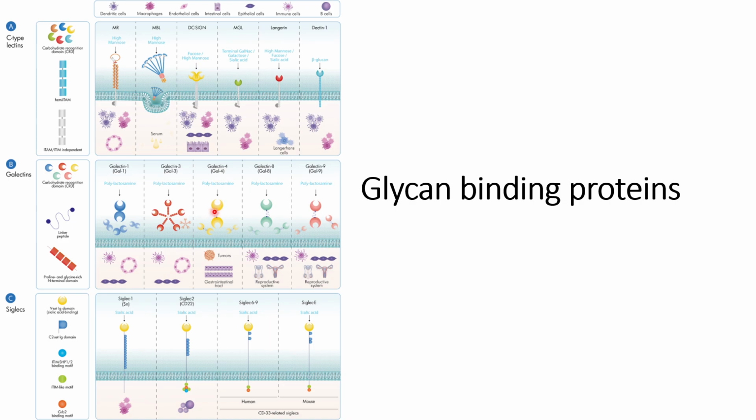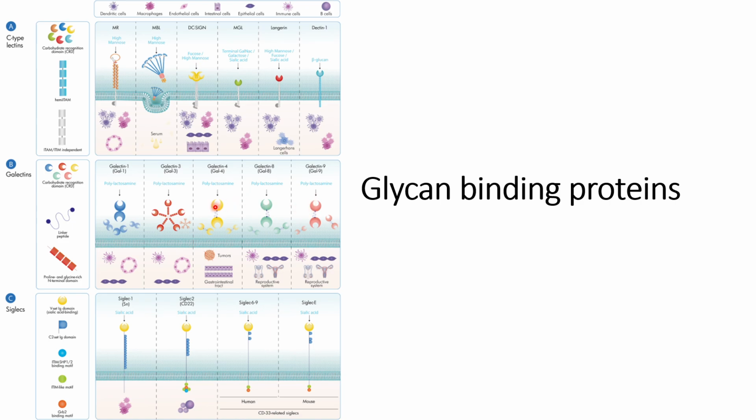dimer form, connected with some linker, and galectin 8 can detect polylactosamine, which is similar to galectin 4, linked with a linker, and galectin 9 can also detect polylactosamines.